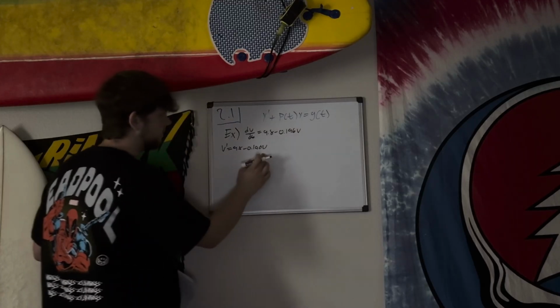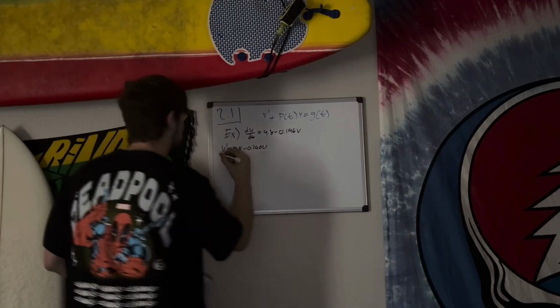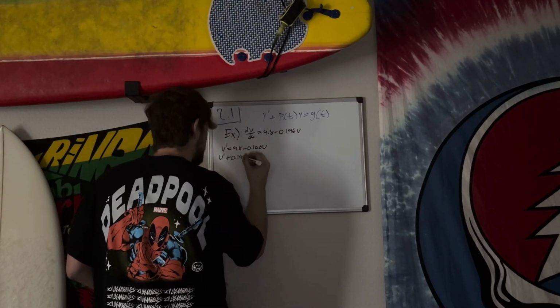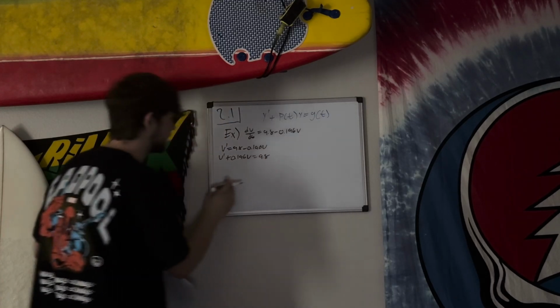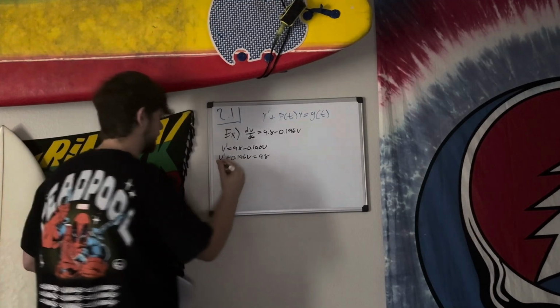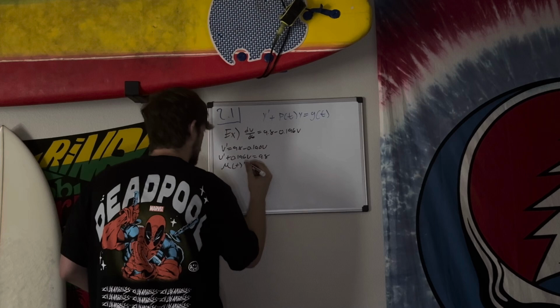So now this still does not look like this. We need this portion over here. So we're going to go v prime plus 0.196 v equals 9.8. So once we get to this step, now we have to find our m of t. So this is like a weird looking m.